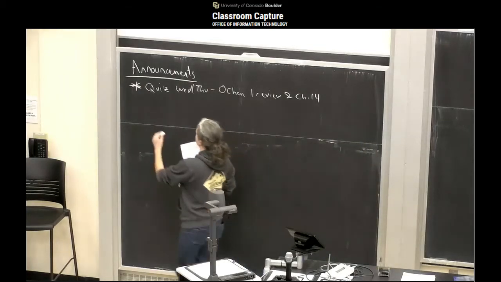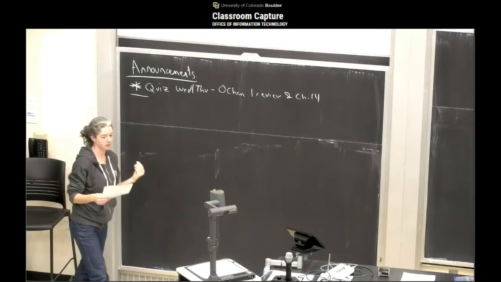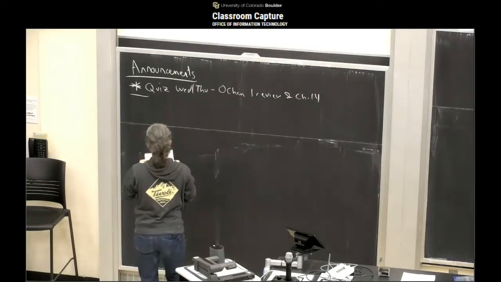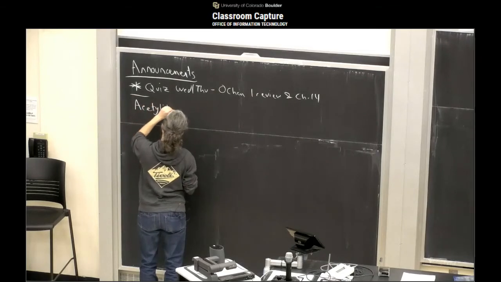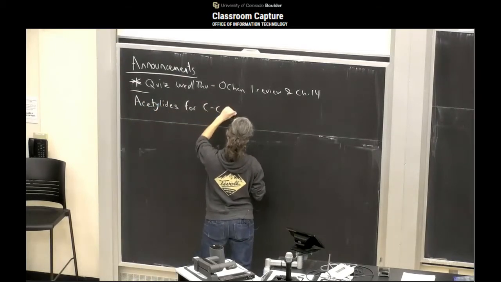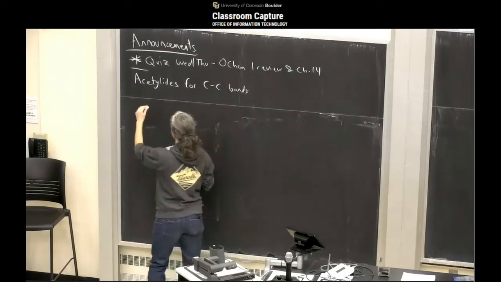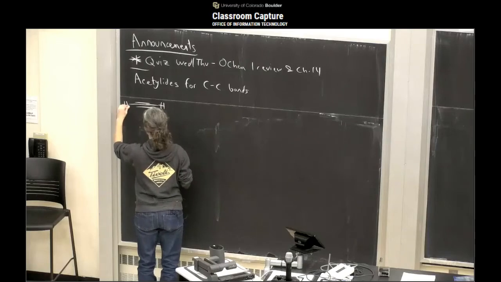So where I left off last time was using acetylides to make new carbon-carbon bonds. Let me fold this down. Okay, so we saw that you can take an alkyne, maybe something like this.